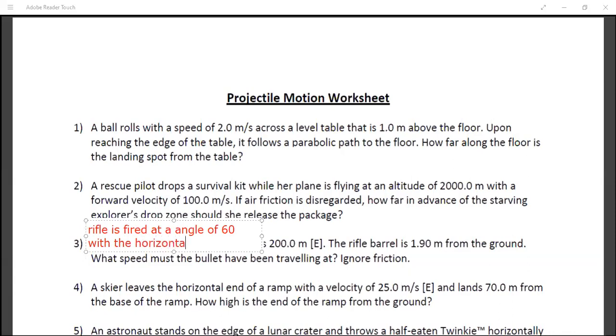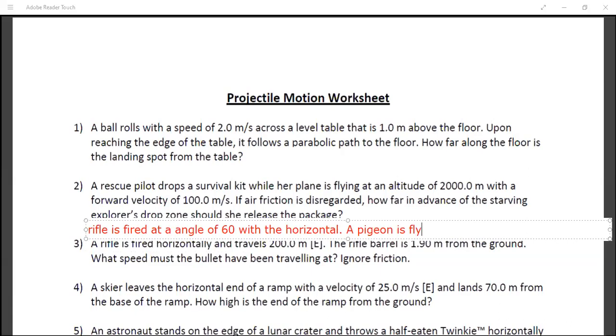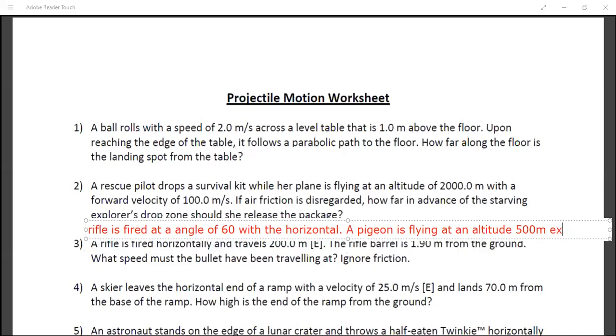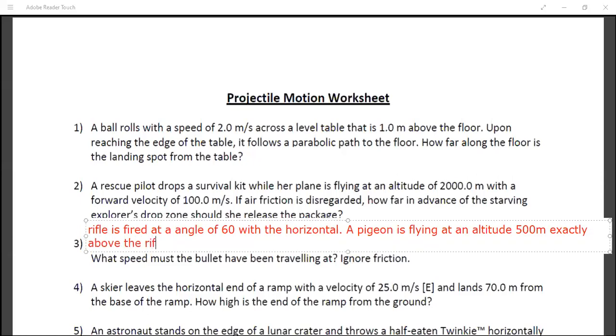A pigeon is flying at an altitude of 500 meters, exactly above the rifle, so that it will be more clear, with uniform velocity.